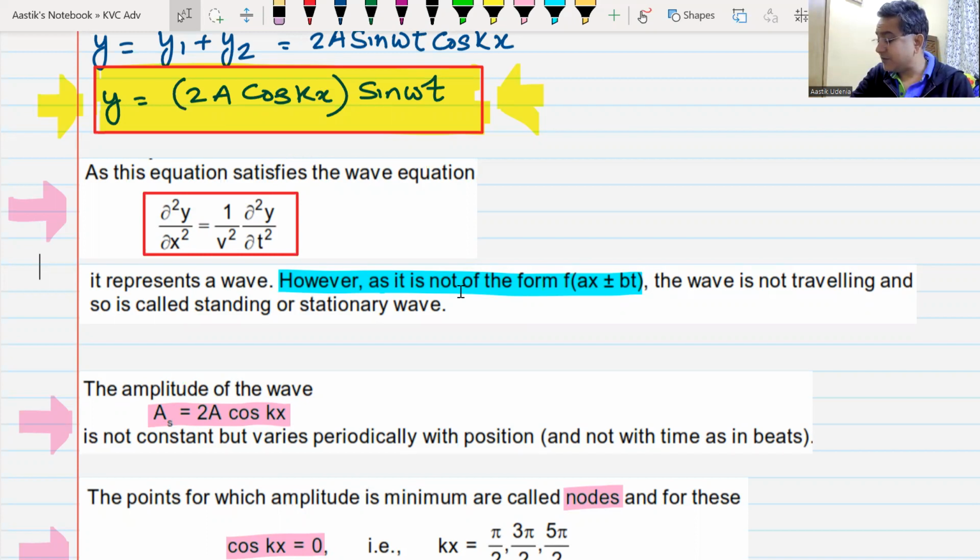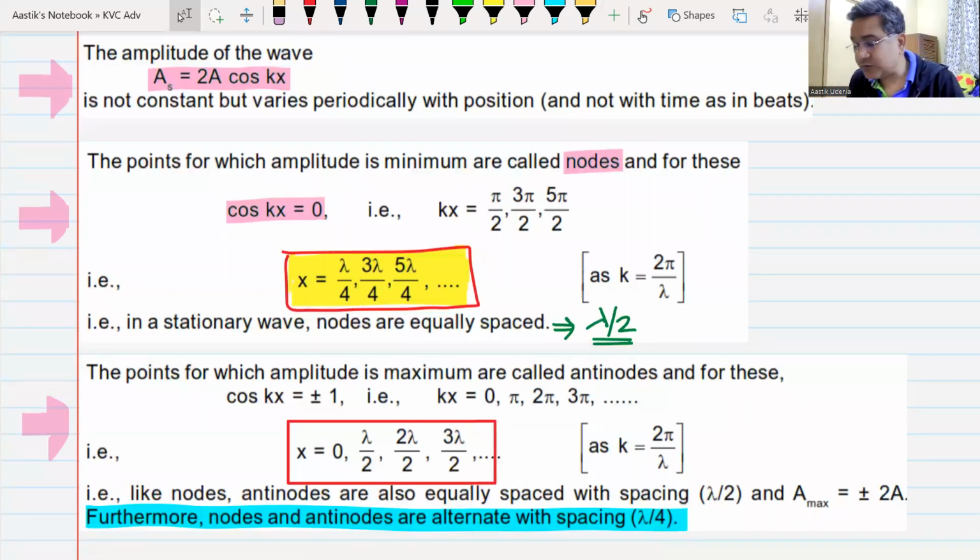At some points, the amplitude of this SHM is simply zero. We call those points nodes, and the distance between two consecutive nodes is lambda by 2. Between any two consecutive antinodes, where the amplitude is maximum, 2a, two times the amplitude of the constituent waves, the distance is also lambda by 2.